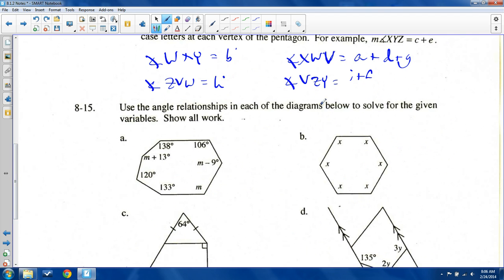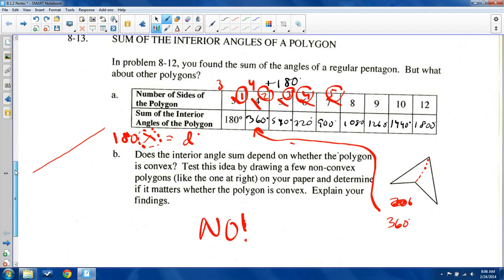Use angle relationships in each of the diagrams below to solve for the given variable. You have to first count the number of sides, figure out what the polygon is, then figure out the measure of the sum of the interior angles, and then figure it out based on that using some algebra. So this is a 1, 2, 3, 4, 5, 6, 7-sided shape. And you can even refer to your chart here.